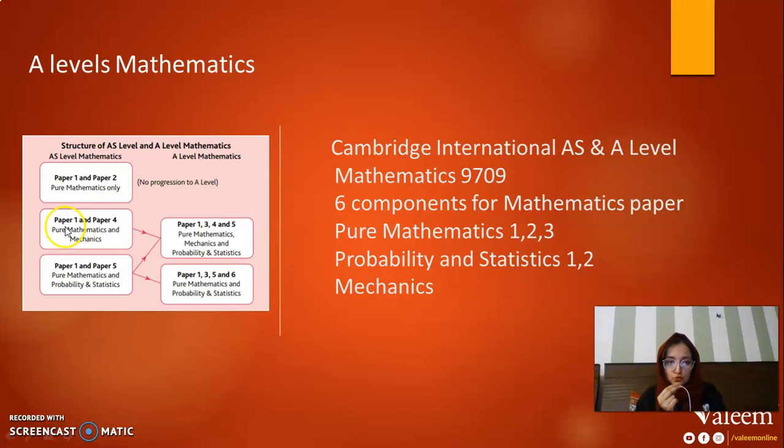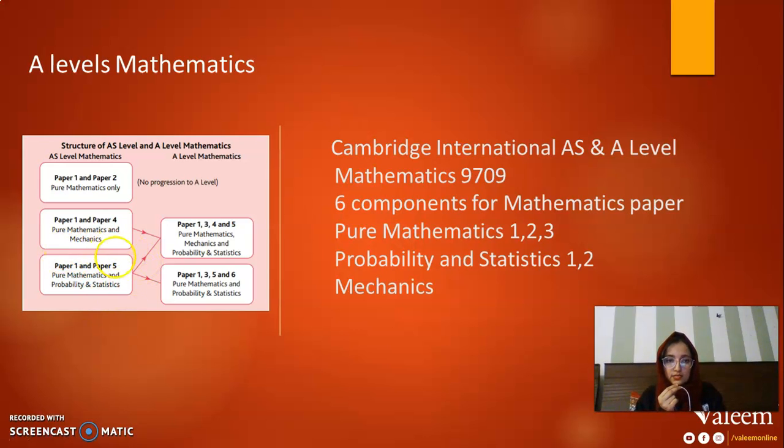If you choose paper number 1, that is pure mathematics, and paper number 4, that is mechanics, then you have the option of choosing paper number 3, that is pure mathematics 3, and paper number 5, that is probability and statistics paper. Then if you choose paper number 1 and 5, that is pure mathematics 1 and probability and statistics, then you have 2 more options left.